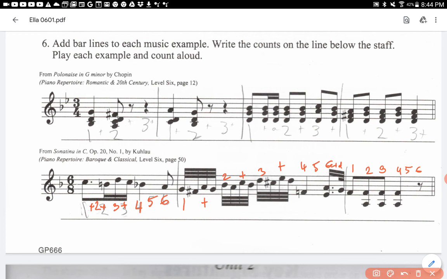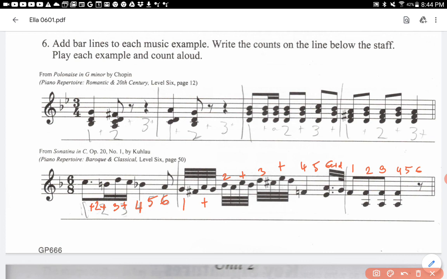Now let's try and play it. 1 and 2 and 3 and 4 and 5 and 6. 1 and 2 and 3 and 4 and 5 and 6 and 1, 2, 3, 4, 5, 6.